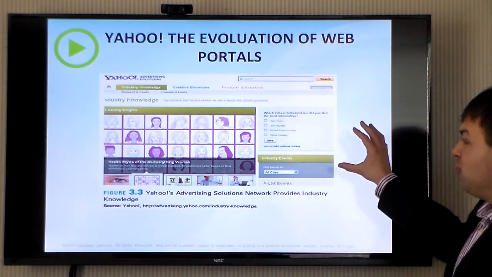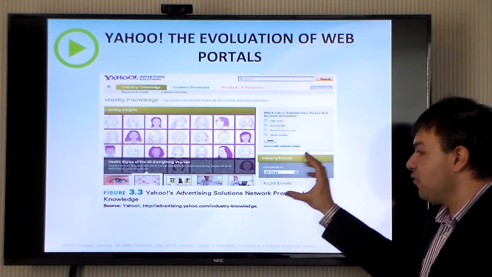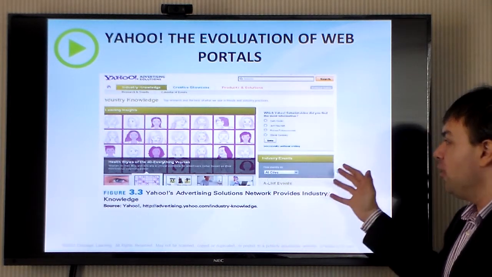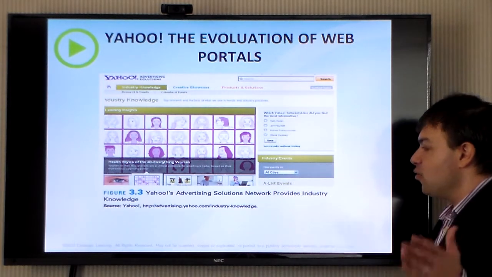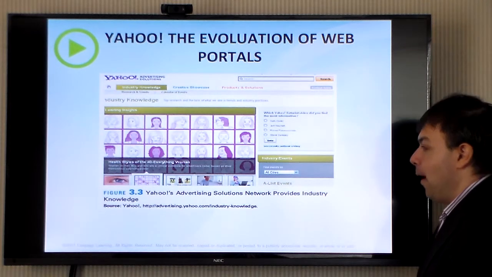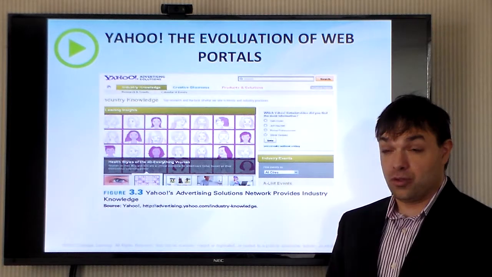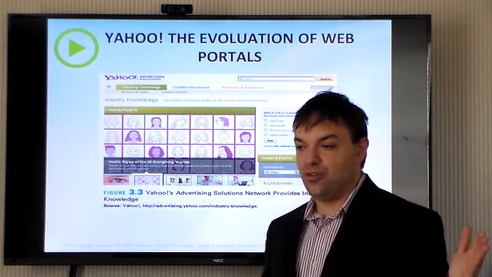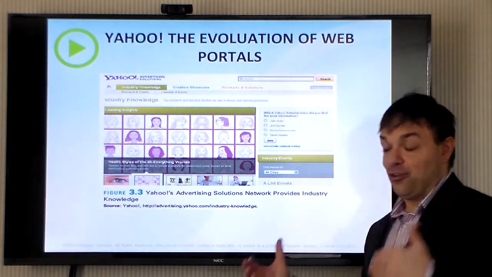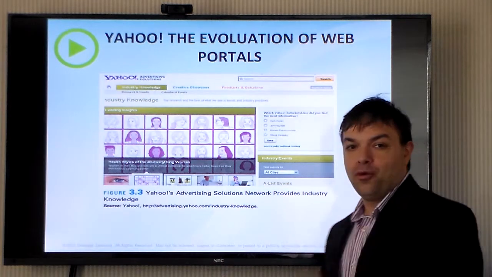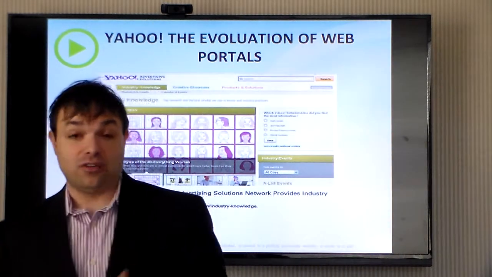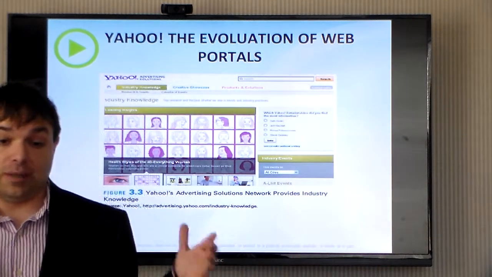If Yahoo's search engine would have been more effective, people would have gone to Yahoo, but they basically used that model first. They're the ones that came up with the advertising model that what you type in, they remember your searches and they relate the advertising to you. If they would have perfected their search engine, that would have been more effective, and Google basically took that concept, used it, made it better, and perfected it.